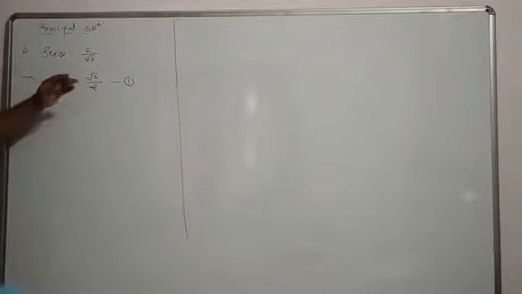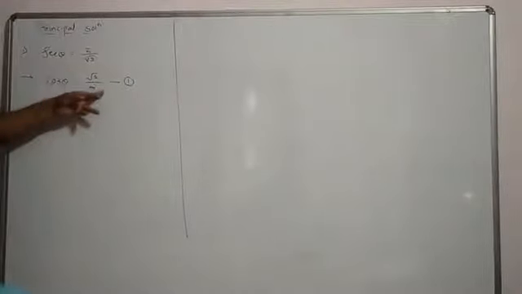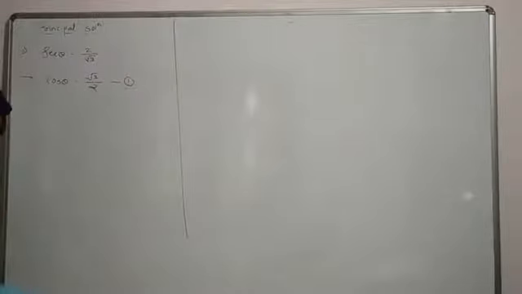Now you have cos theta is equal to root 3 by 2. You know from the table of trigonometric values that there is a standard theta for which the value of cos is root 3 by 2. For theta is equal to pi by 6, you have cos pi by 6 is equal to root 3 by 2. That is cos 30 degrees; in degrees you have 30, in radians you have pi by 6.